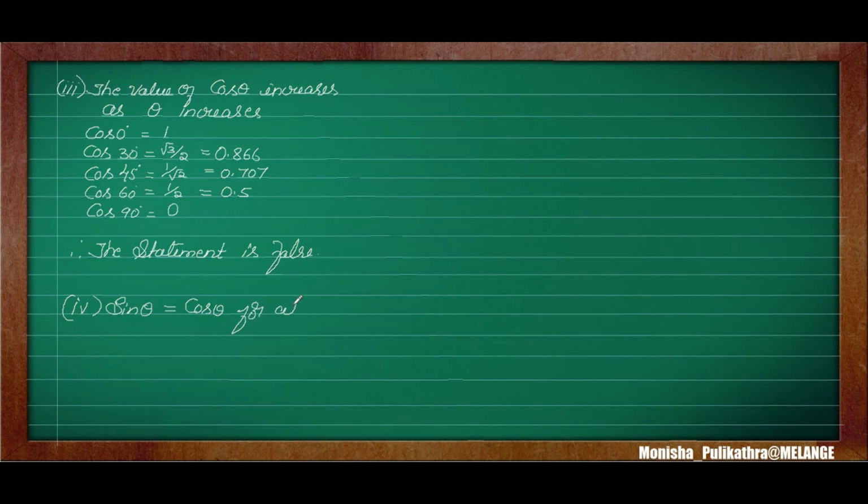So moving on to the next problem: sin theta is equal to cos theta for all values of theta. Okay, so here sin 0 degree is 0, whereas cos 0 degree is 1. Sin 30 degree is 1 by 2, whereas cos 30 degree is root 3 by 2.